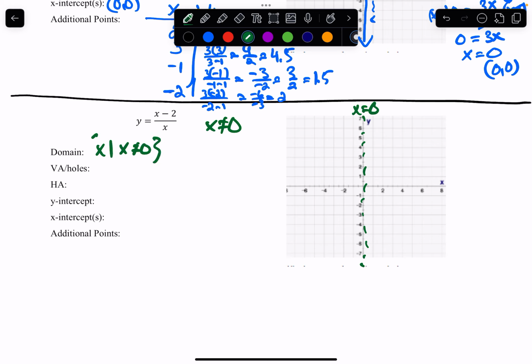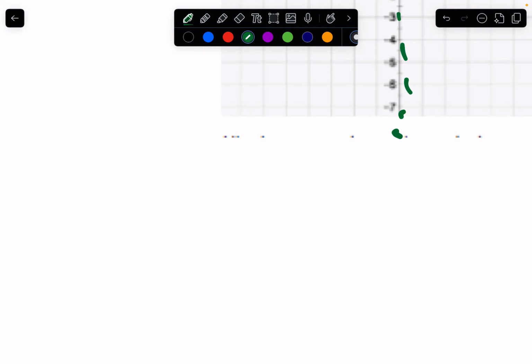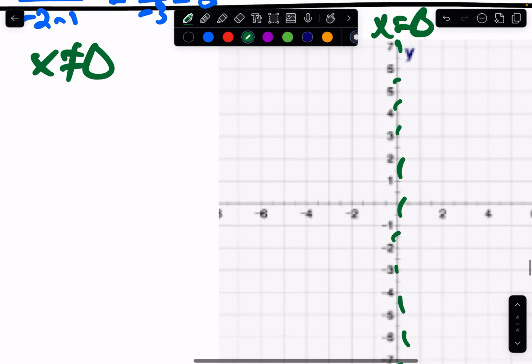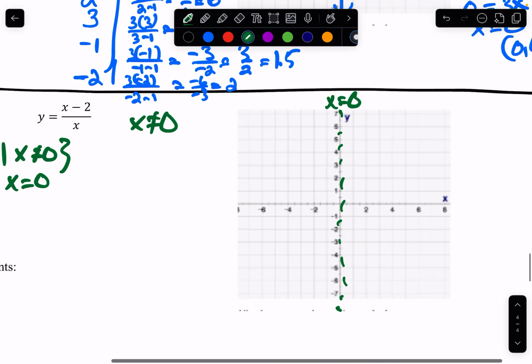And now we're not factoring anything out, so we don't have any holes. x equals 0 is going to be our vertical asymptote. Our horizontal asymptote now, again, oops, what did I do? Zoomed it somehow. Okay, here we go. That looks better.